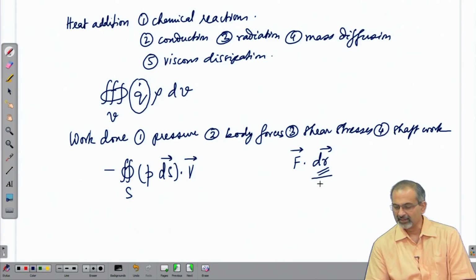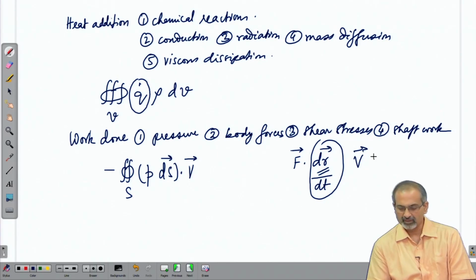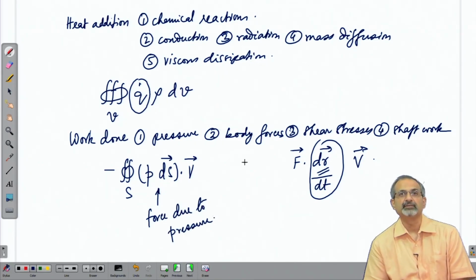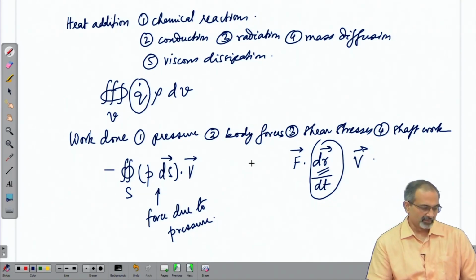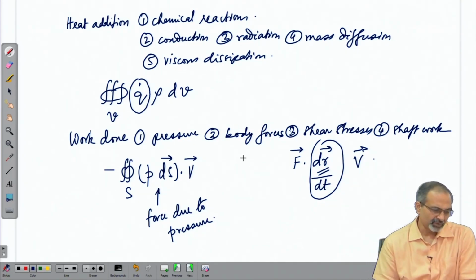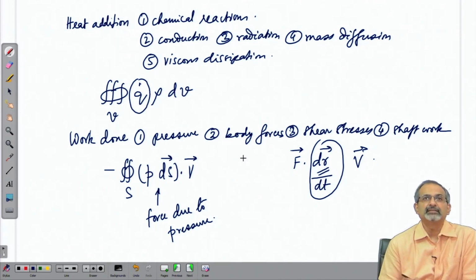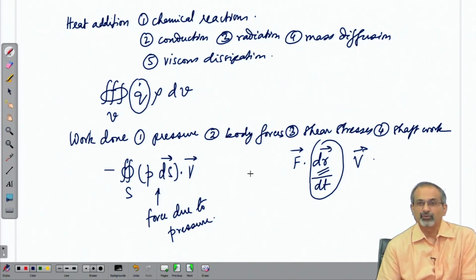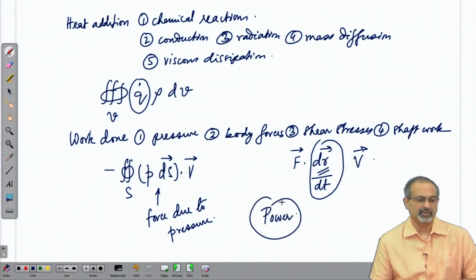So, it is essentially dr/dt, which gives you velocity. Therefore, you see the force due to pressure dotted with a velocity. You must have noticed that when we look at this rate equation, it essentially boils down to time rate of heat or time rate of work etc., which means we are dealing with power, not energy.